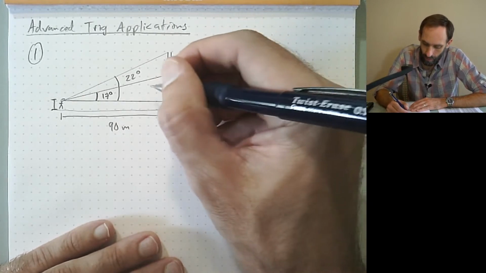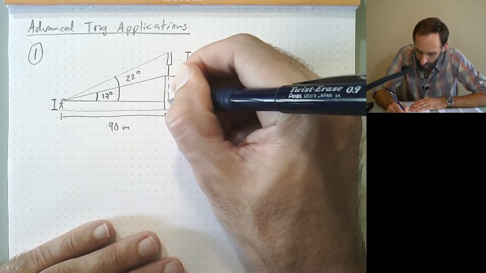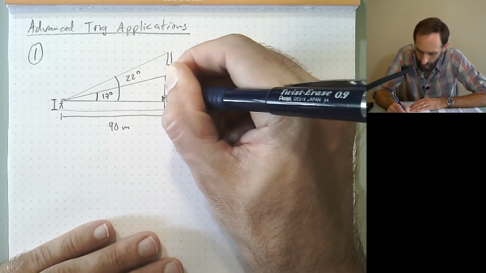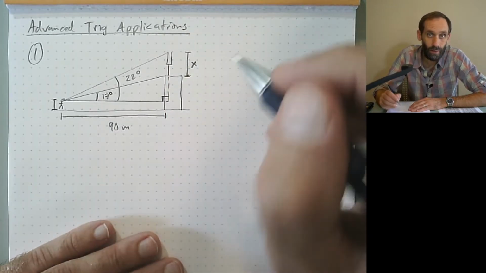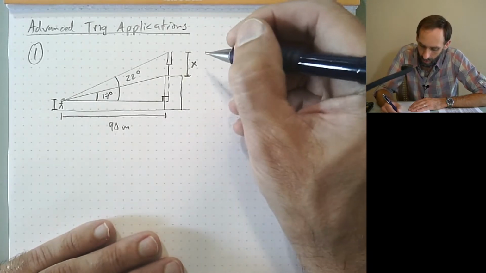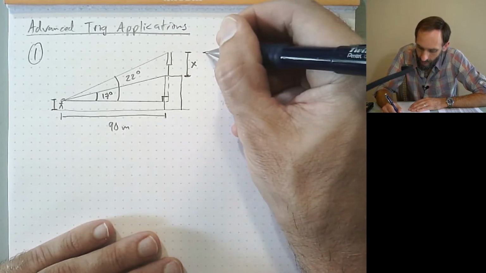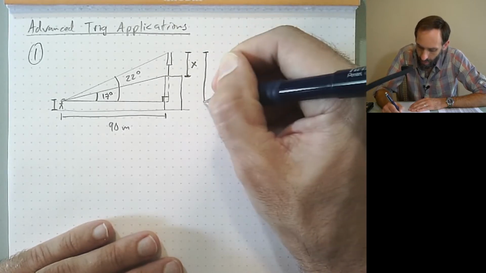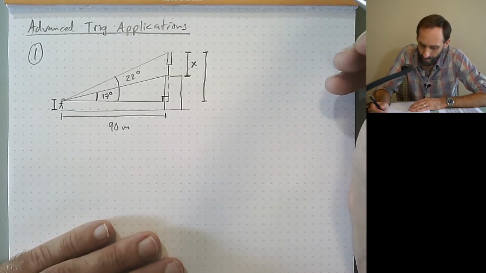Now, you can see that we have a right triangle, but this side right here is not part of the right triangle. So we're going to need to get a little bit more creative. What we can do relatively easily is find this length right here using techniques that we are familiar with.